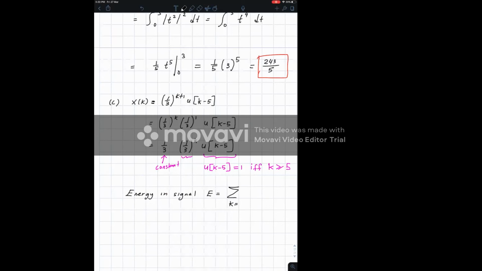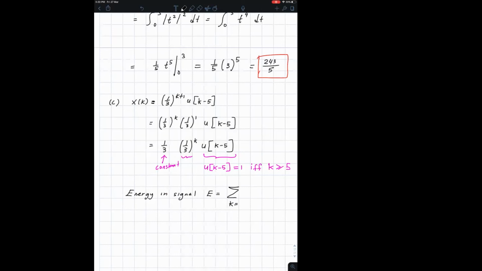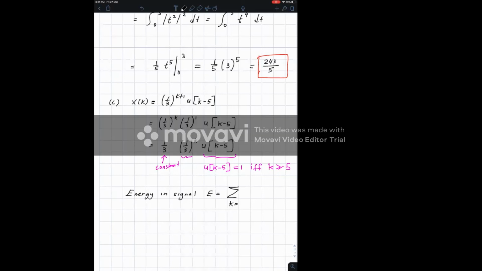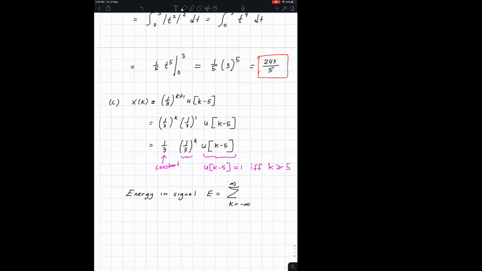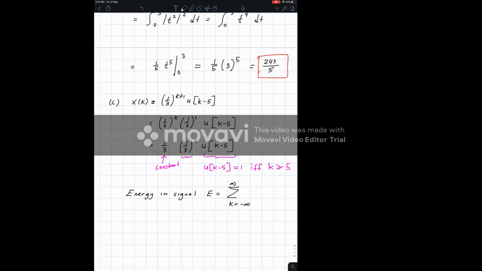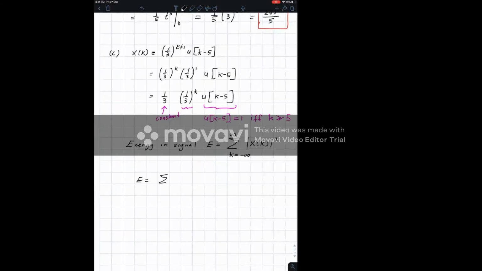Now you have to square all these things. So what do you get if you square it? E is equal to the summation, k from minus infinity to positive infinity, of the square of 1/3 to the k.